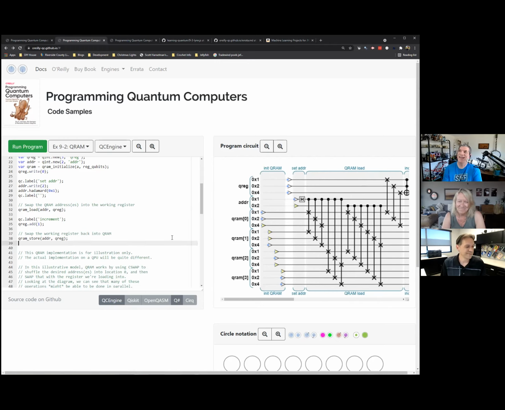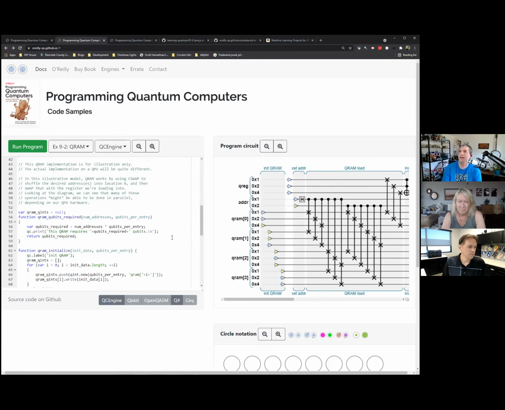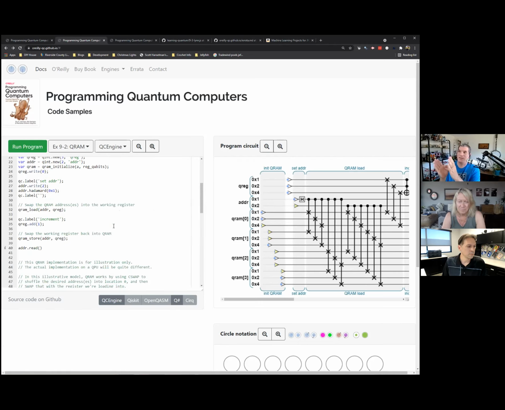Yeah, and I stared at this for a very long time to try to figure out what it's doing. What I got from the separate function QRAM swap to 0 is, in the big section with all the swaps in it, the first three are saying, depending on the state of address 0x1, I'm going to swap QRAM 0 and QRAM 1. So maybe I'll swap those two, and it's all 3 qubits from each of those registers.